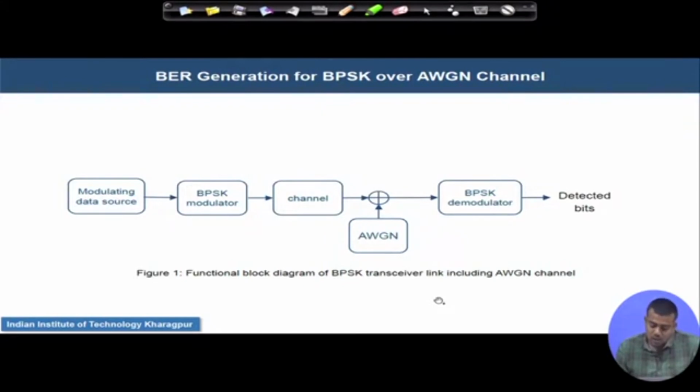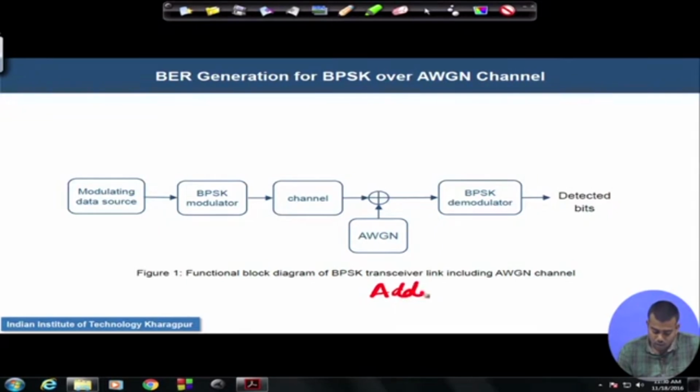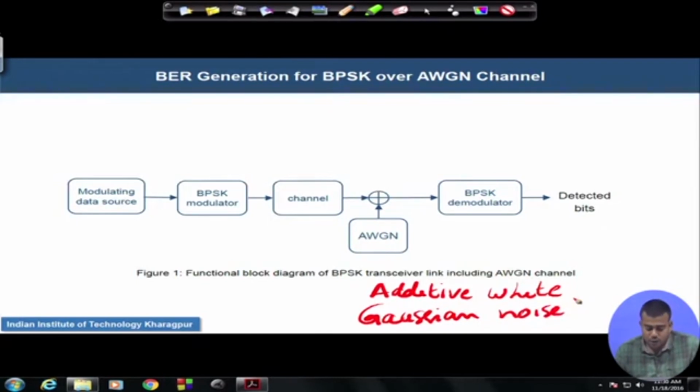Additive means the channel will be adding noise in an additive nature, and white means this channel doesn't account for any non-linearity in the channel or dispersion, and it doesn't introduce any multipath components into the channel.